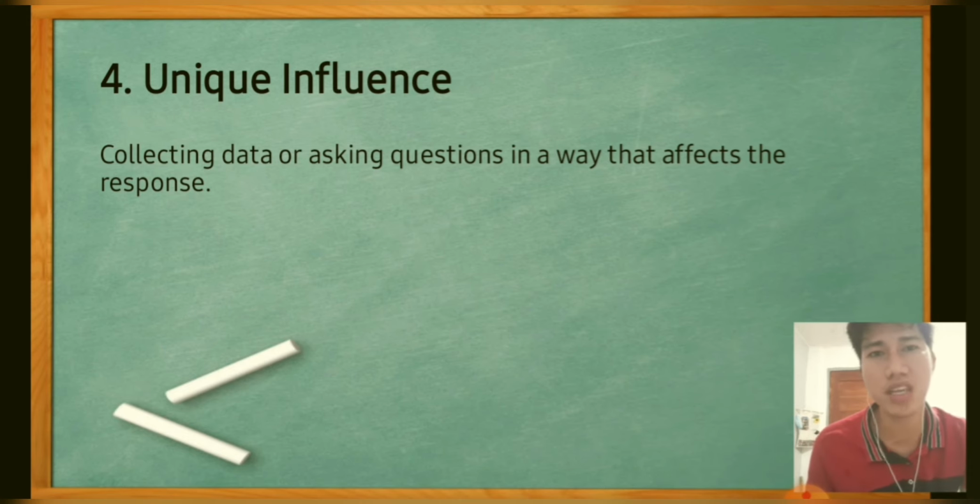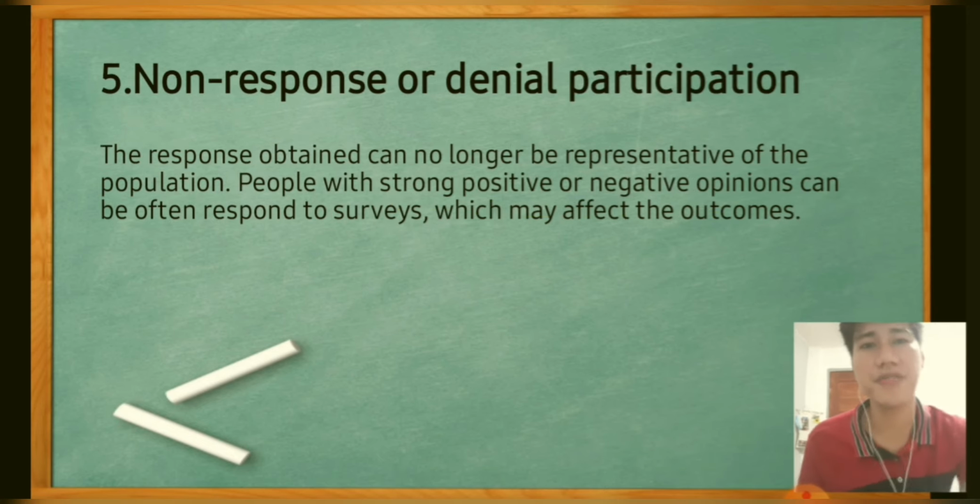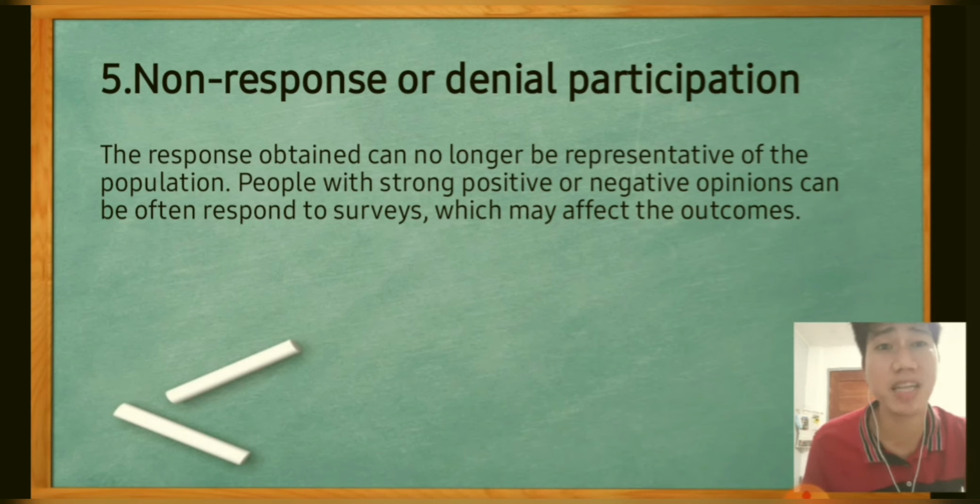If we want to interview a sample, the way we ask questions can affect their responses. So if we want to ask questions in our surveys or interviews, we need to be careful because there's a chance that the response of the person will be affected.